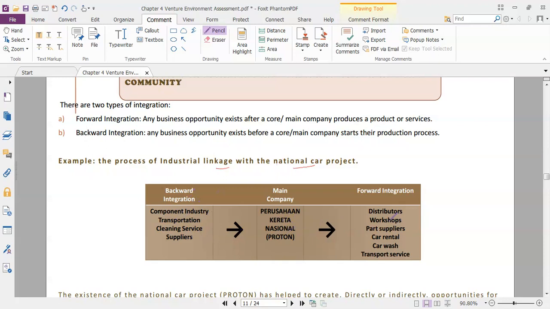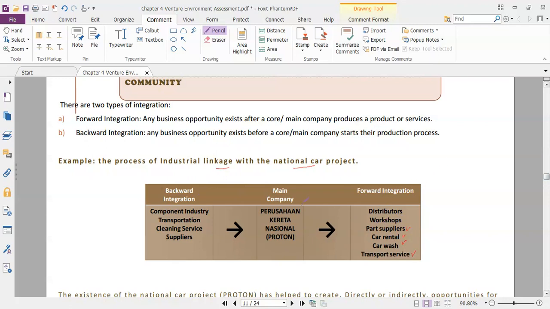After the product exists: distributor, workshop, part supplier, car rental, car wash, transport service. That we call the industrial linkage. We have backward integration and also forward integration.